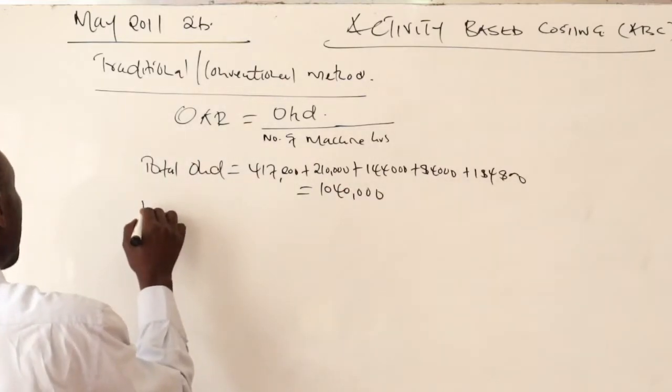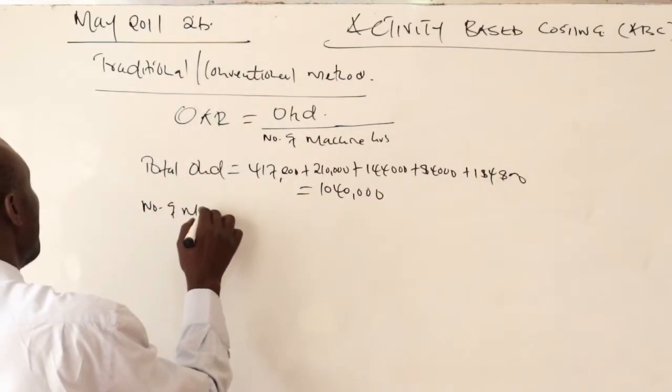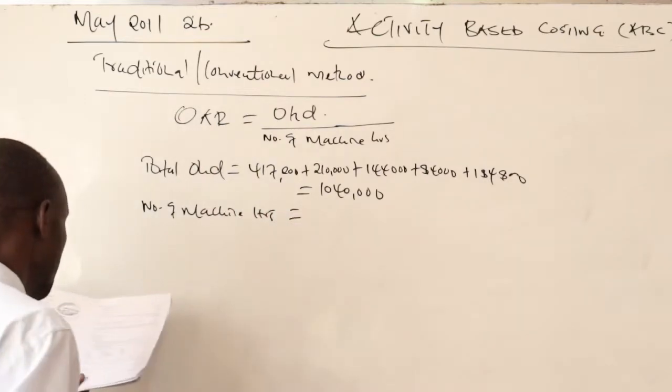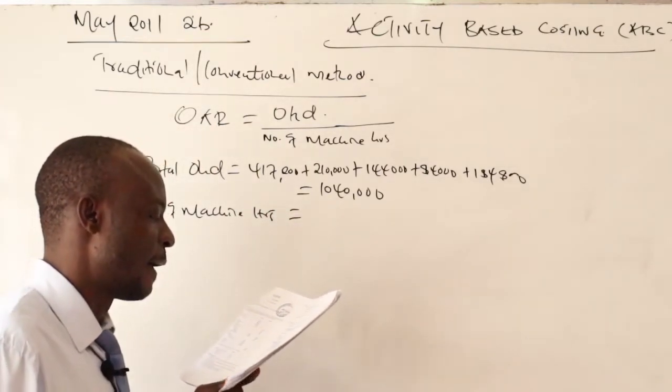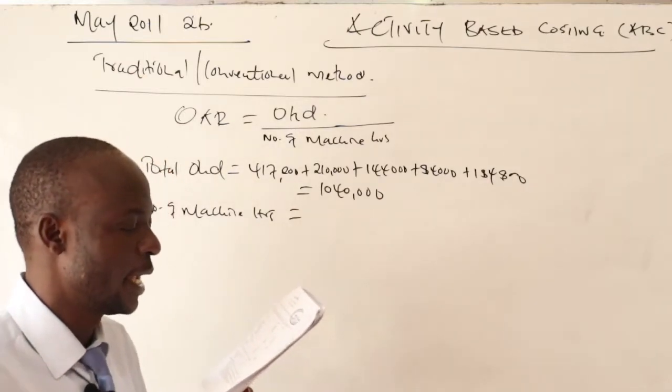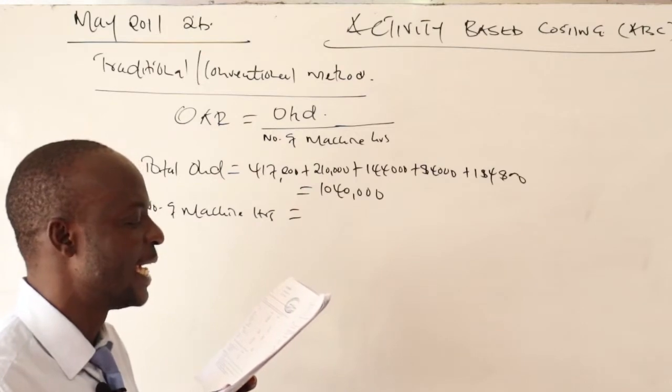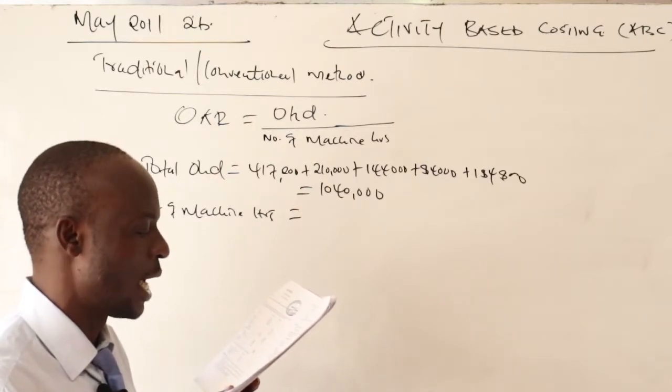Then we're going to get the number of machine hours. We've been told each unit of product A requires 8 machine hours.